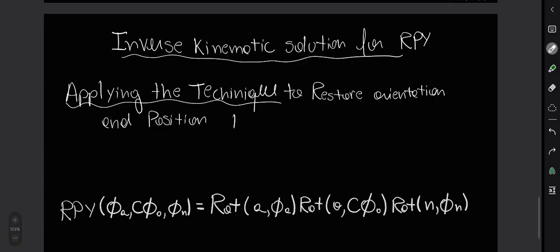So we do a transformation of rotation about the A axis with some respective angle, and sometimes it is minus alpha.